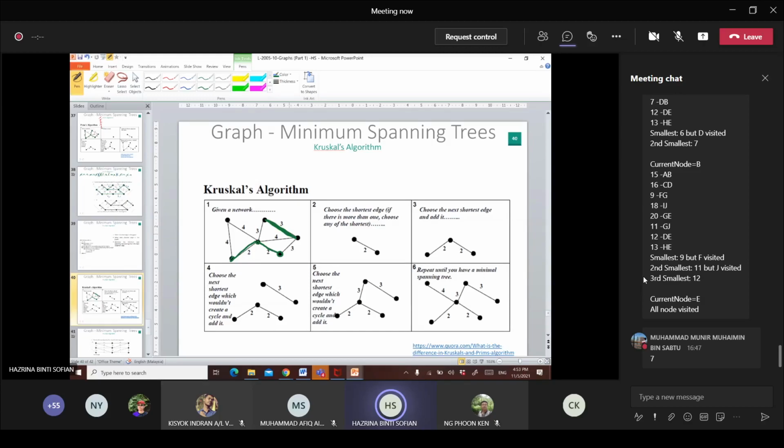I visit 3 countries, you visit the other countries, and after that we merge, and maybe you want to take pictures, so we merge all of our pictures. Maybe you want to do a YouTube channel. You can use Kruskal to identify the sequencing. Once you get the sequence, then maybe you can delegate.